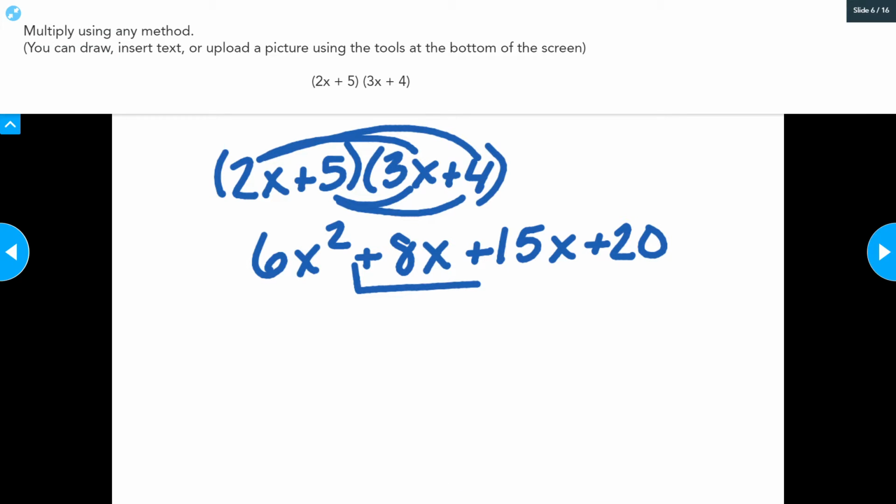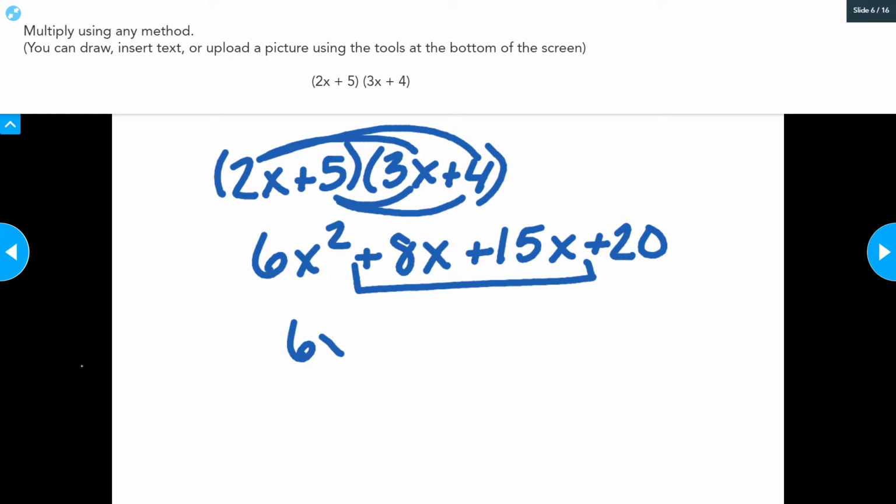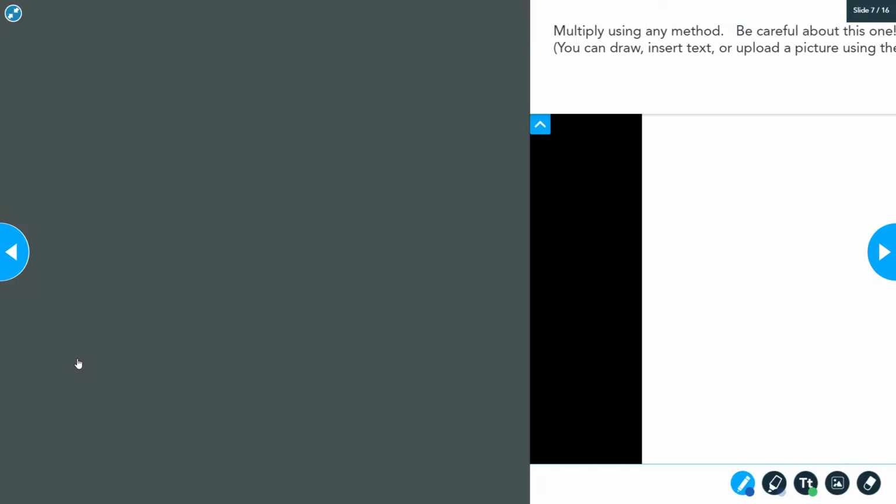Oh, I didn't stack here. Oops, I'll do it next time. So now we have our like terms in the middle, 6x squared plus 23x plus 20. And you could have used boxes.